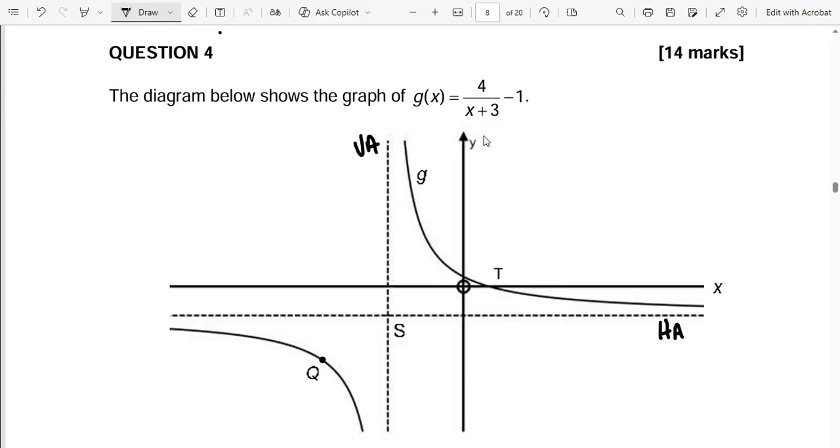So to find your vertical asymptote, you take the denominator, that x plus 3, you equate it to 0, therefore x will be minus 3. So the x coordinate here is minus 3. Then to find the horizontal asymptote, you just say y is that one. So y is just minus 1. So the coordinates of S are minus 3 and minus 1.